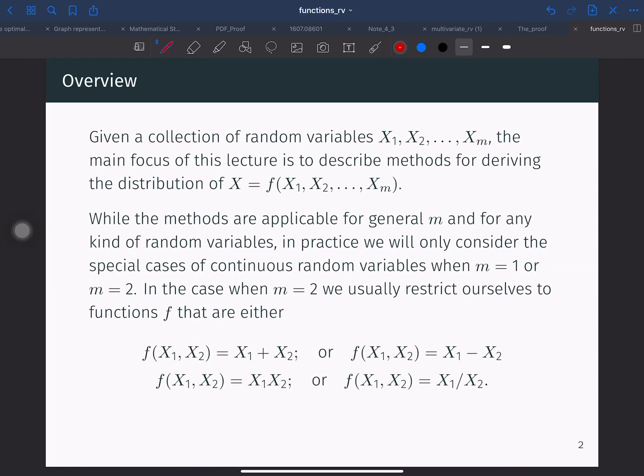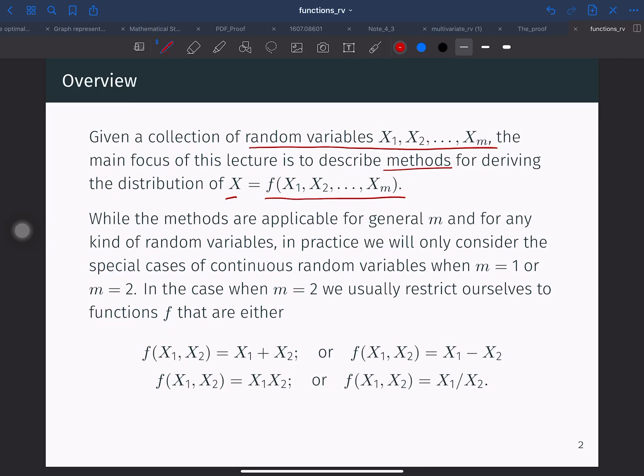So the overview is as follows. Suppose we have a collection of random variables, x1 to xm, m of them. The main focus of chapter 6 is to describe techniques for deriving the distribution of x, where x is a function of these m random variables.